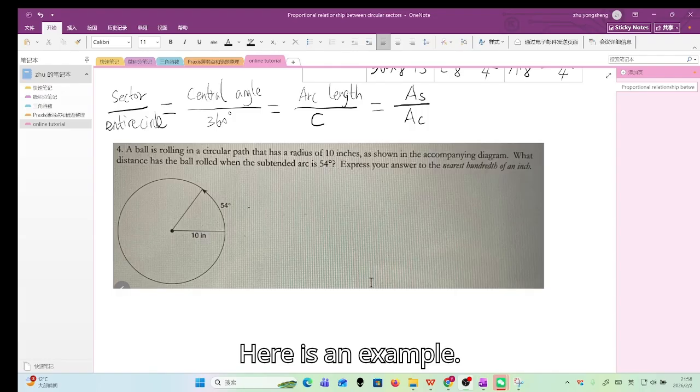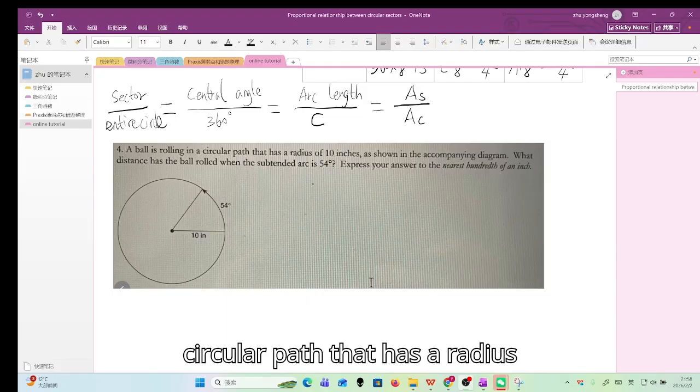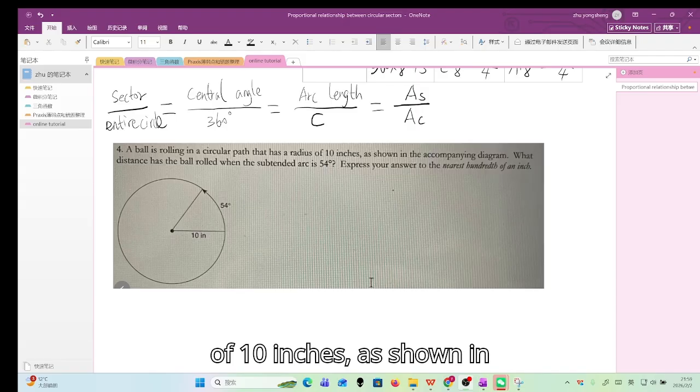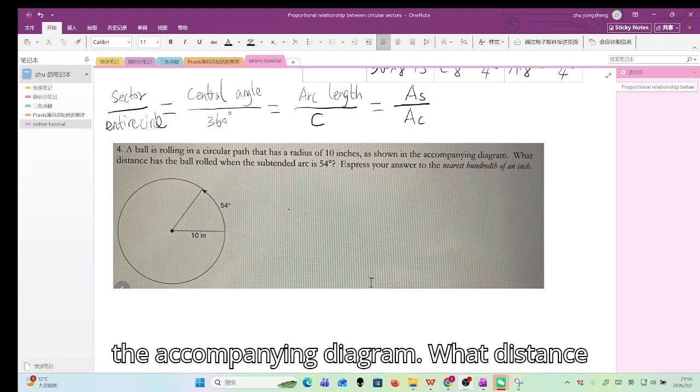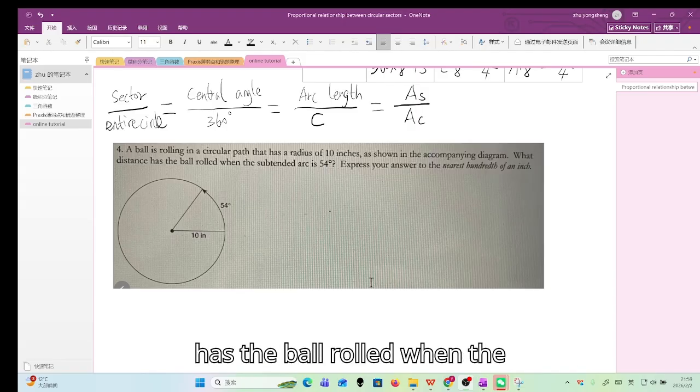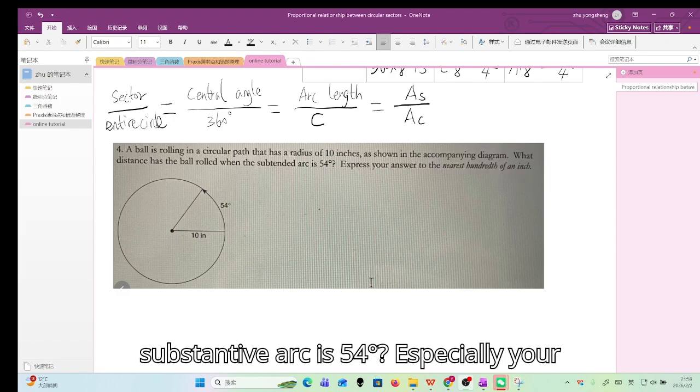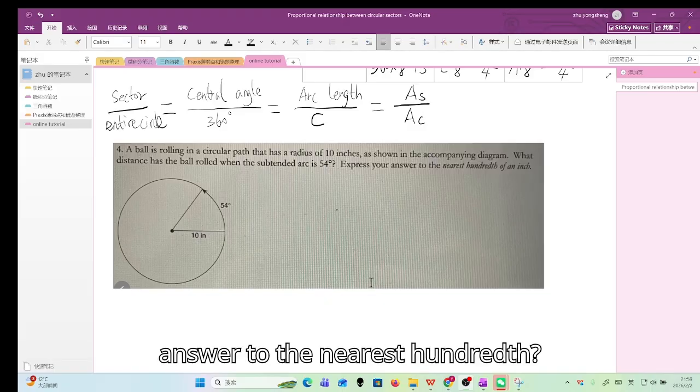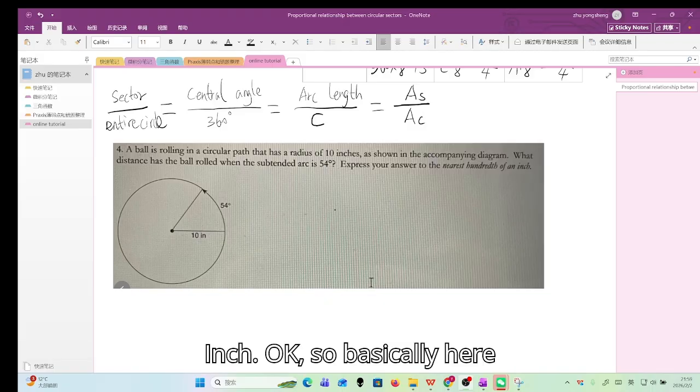Here is an example. A ball is rolling in a circular path that has a radius of 10 inches. As shown in the accompanying diagram, what distance has the ball rolled when the subtended arc is 54 degrees? Express your answer to the nearest hundredth of an inch.